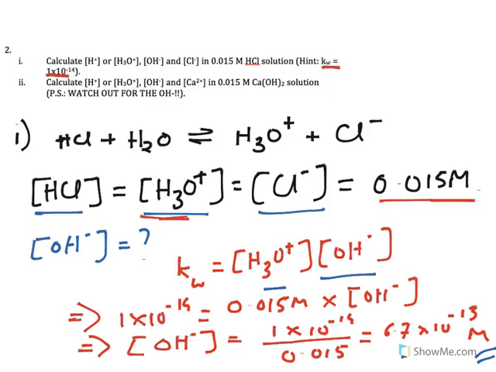Now, looking at part 2, we have the same thing. We have to find the H plus ion concentration or H3O plus ion concentration, OH minus concentration, and the concentration of calcium ions in 0.01 molar of CaOH2 solution. CaOH2, or calcium hydroxide, is a strong base.